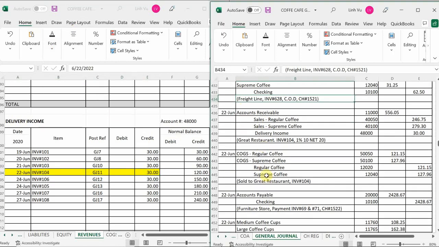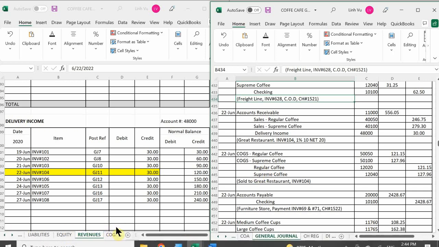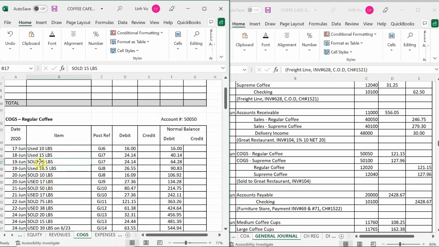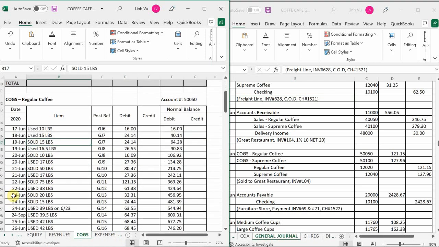Okay, then the cost of goods sold. So again, inventory shouldn't have any effect, because we have another means to check whether we did it right or not.